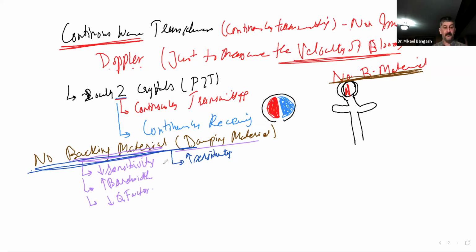Compared to a pulsed wave transducer, this one here will have a narrow bandwidth, and mainly because it has a narrow bandwidth, it will have a high quality factor.